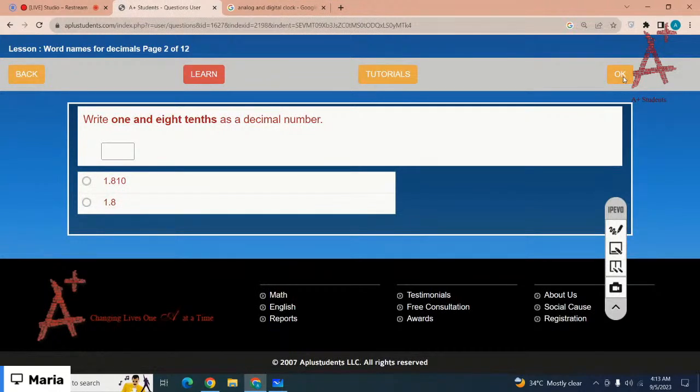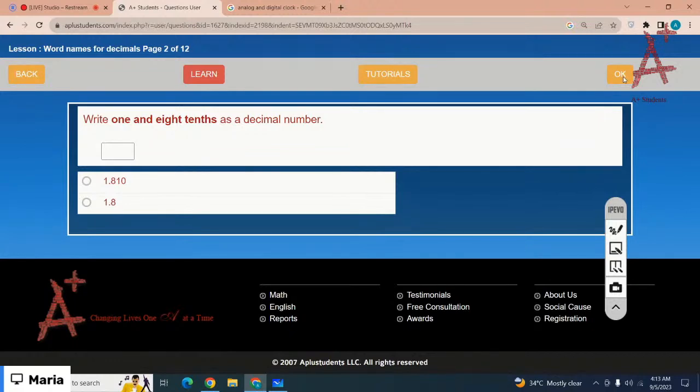Write 1 and 8/10 as a decimal number. So which is the correct option? 1 and 8/10 means you have 8 at the tenths position, right?